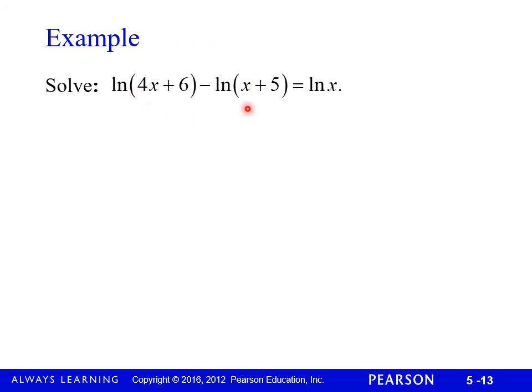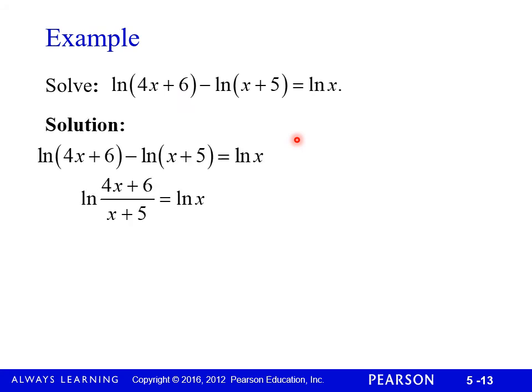This is the quotient rule. Remember that we subtract the log of the denominator from the log of the numerator. So on the left, we have the natural log of 4x plus 6 over x plus 5 equals the natural log of x. This is the quotient rule that we learned in a previous section.